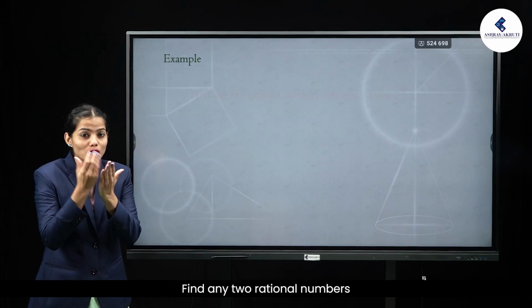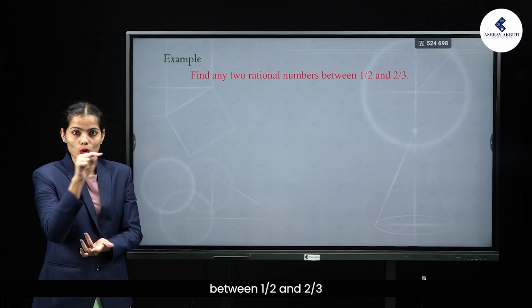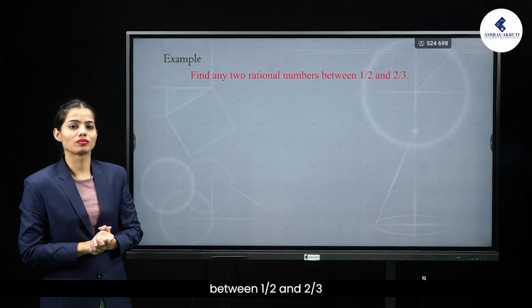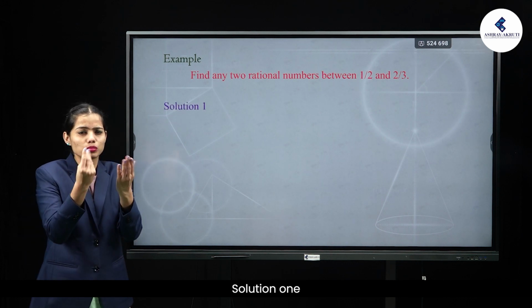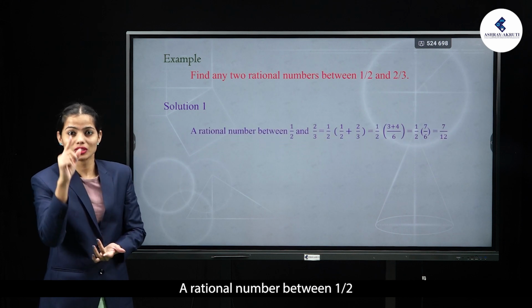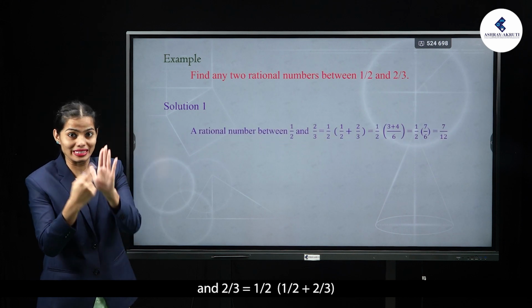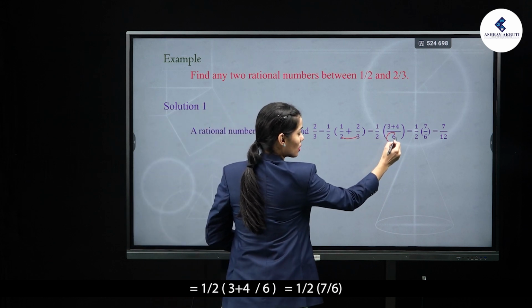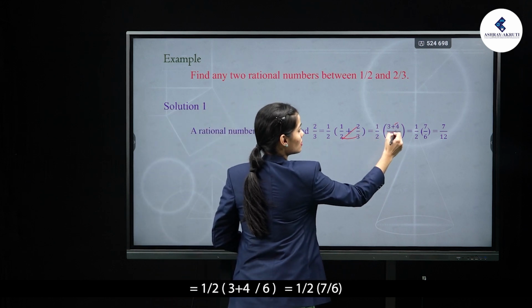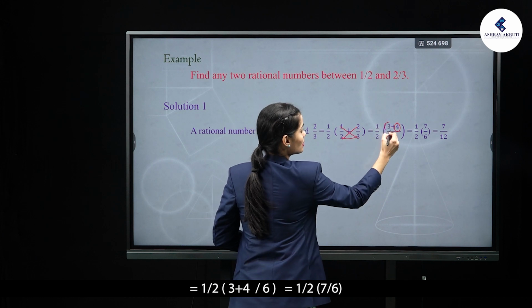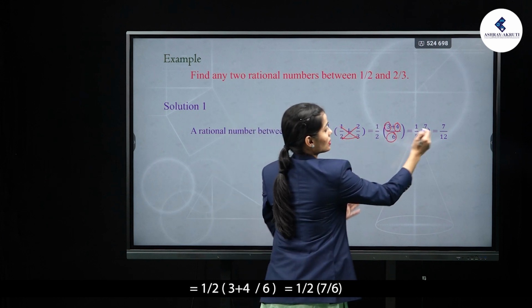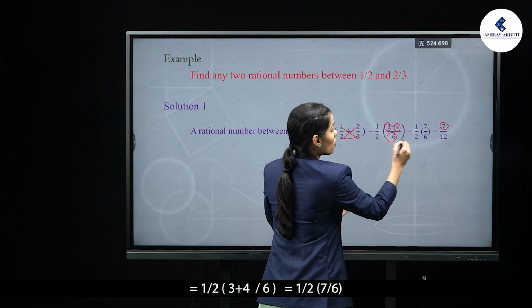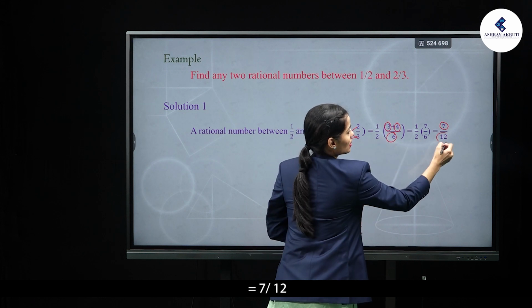Example: find any two rational numbers between 1/2 and 2/3. Solution 1. A rational number between 1/2 and 2/3 is equal to 1/2 into (1/2 + 2/3) is equal to 1/2 into (3 + 4)/6 is equal to 1/2 into 7/6, that is equal to 7/12.